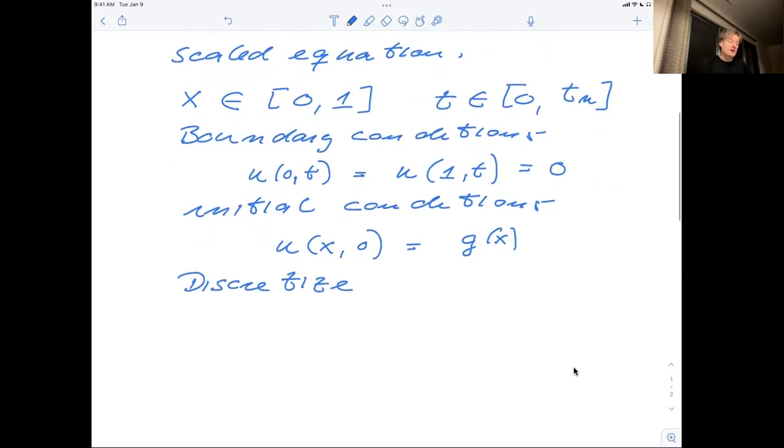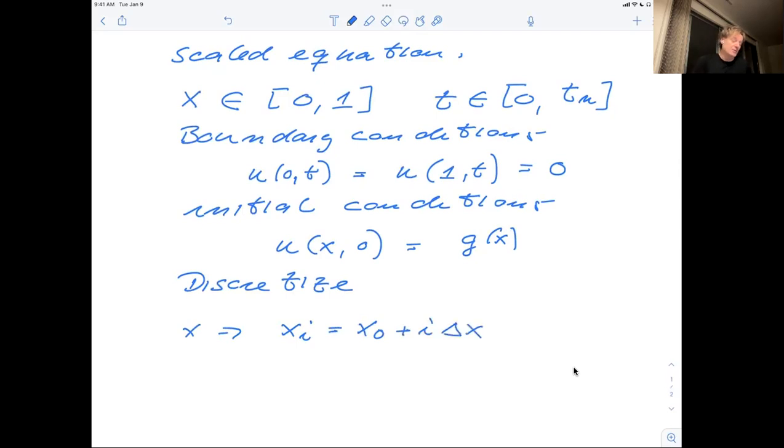We are going to assume that we have a given number of time steps and a given number of steps in the x direction. So we would now let x go over to a discretized x. That will be x of i, which is going to be given by x0 plus some i times some delta x.